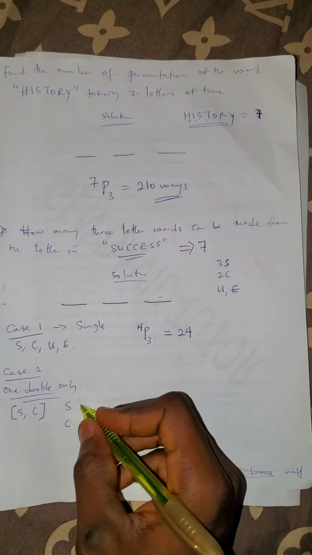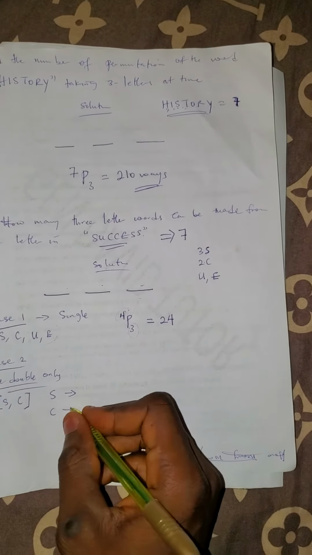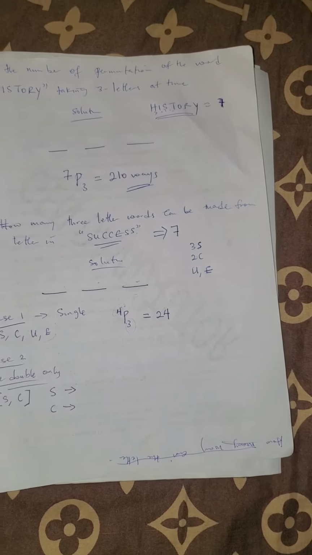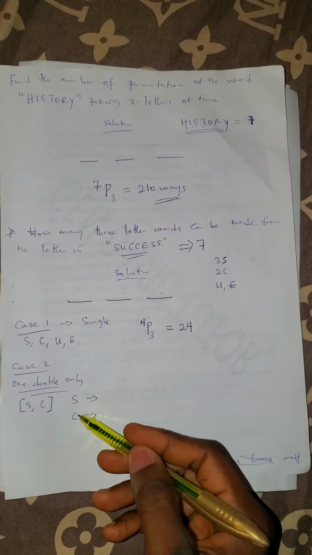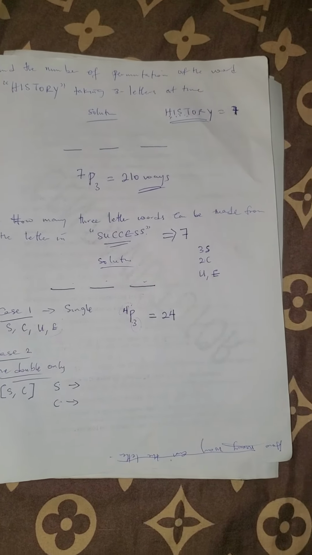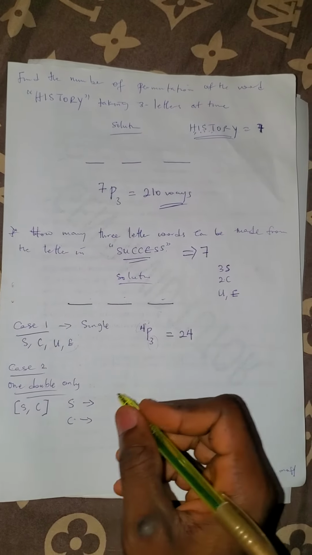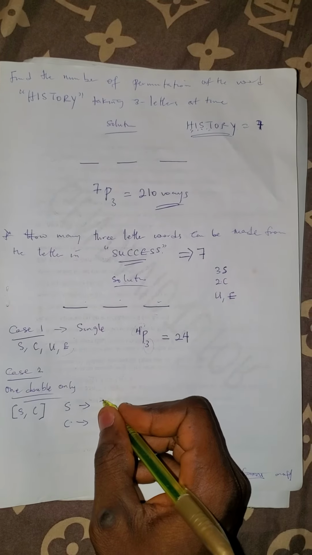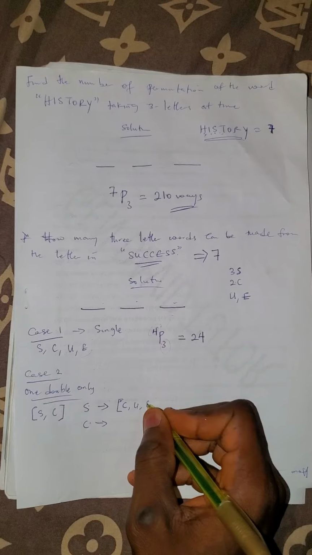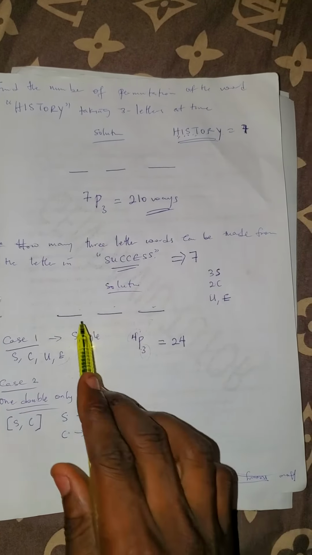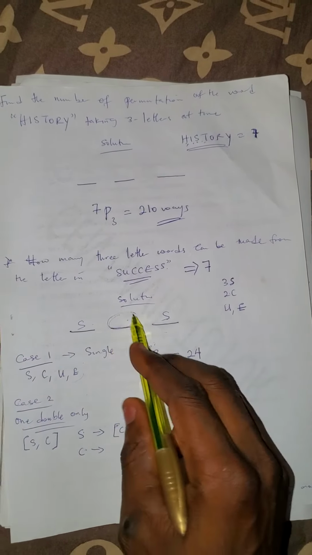Now, if I want to use S, let me use S. We can see a double from S, and from C as well. Now if you remove S, it remains C, U, and E. That shows that if we put S here, it will remain this space here.